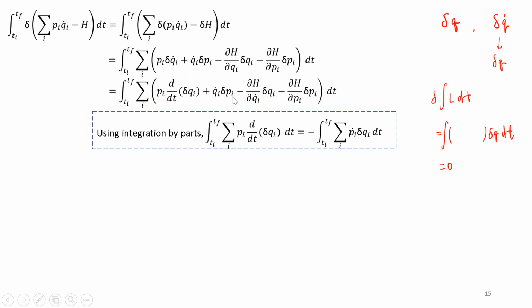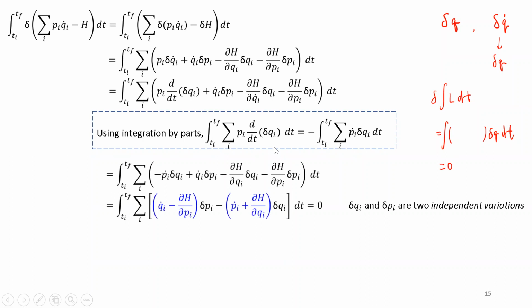Here, the difference is that now I don't just have delta q, I also have delta p. When you do it for the Lagrangian, you have delta q and delta q dot, but they can all be converted to terms with delta q. But here I have delta q and delta p, and we are not going to mix all the terms to go with delta q. We allow that some of them will be with delta q and some other terms with delta p.